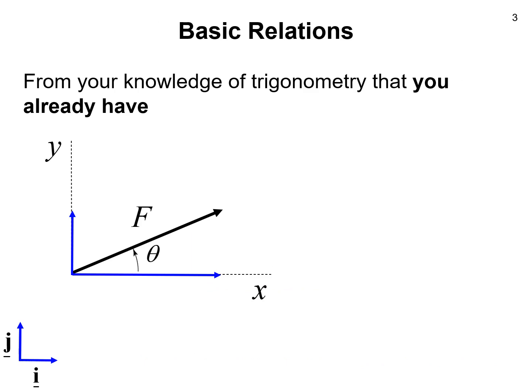So from what you already know about trigonometry, let's think about how to apply trigonometry to understanding the components of this vector. The first thing we'll do is draw a third line to make what is now a right-angled triangle. The f, which represents the magnitude of the vector, can now also be understood as the hypotenuse of that triangle.